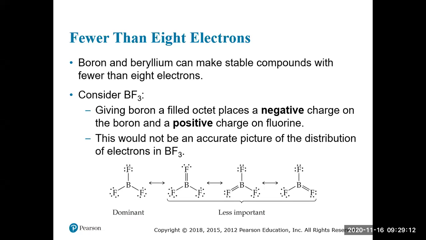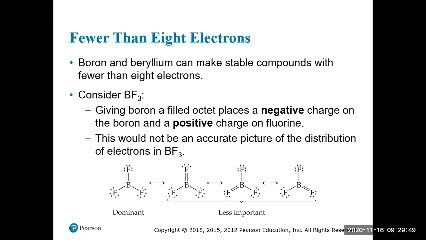Down below, you see 4 different Lewis structures for BF3. You have the one on the left, which does not satisfy the octet rule, and then the 3 on the right, which do. Your first thought might be that the ones on the right are correct. But if you calculate that effective charge, or rather that polarity, you'll see that you wind up with positive charge on fluorine and negative on boron.